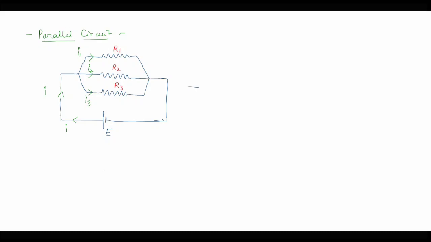So we want to reduce this into an equivalent circuit, which will be offering a resistance R parallel, RP, and the total current I is flowing through this resistance RP.